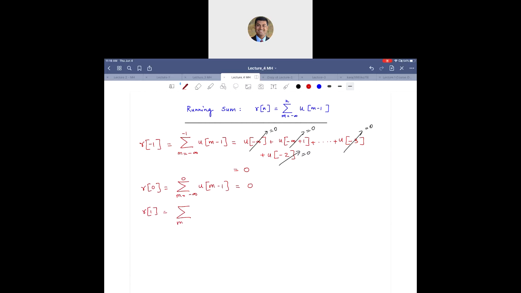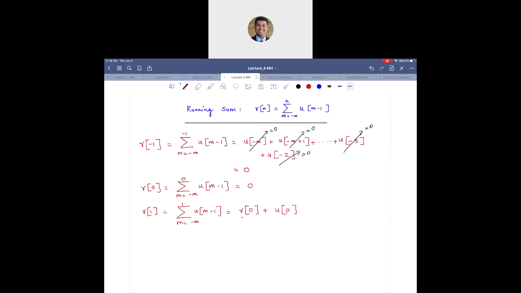Summation m equals -infinity to 1, u of m minus 1. What is that? U of 0. So this can be written as r of 0, the previous sum, plus u of 0.